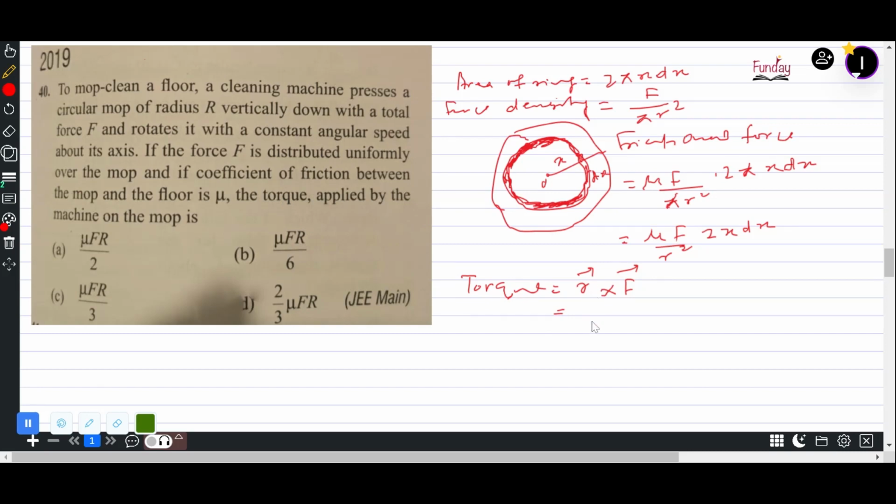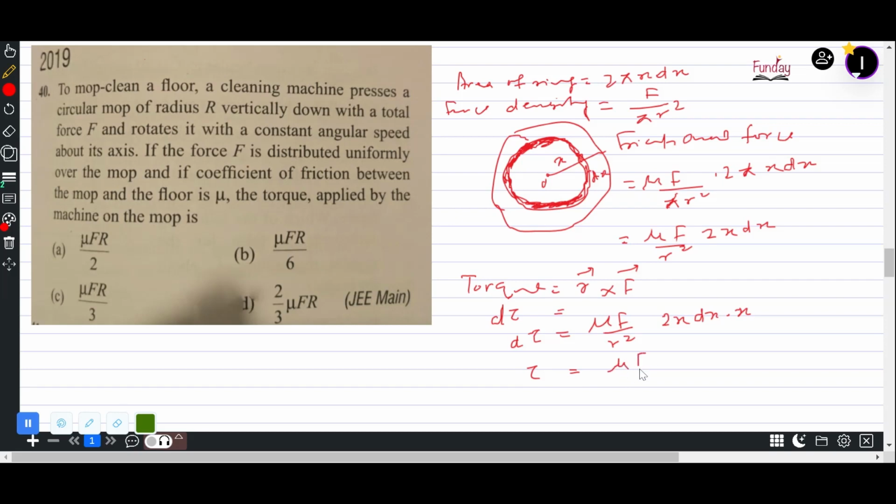So, we'll take mu F over r square, 2x dx into x. So, this is your dT. Okay. Well, this is a small strip. Now, when we have to calculate the total torque, we will integrate.